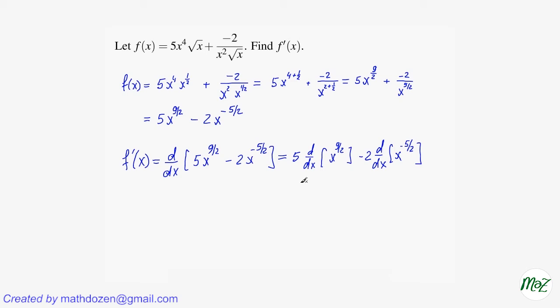So we're essentially looking at 5 times the derivative of x to the 9/2 minus 2 times the derivative of x to the negative 5/2, which by the power rule is 5 times 9/2 times x to the 9/2 minus 1, minus 2 times negative 5 halves times x to the negative 5 halves minus 1. After simplifying all the products and differences, we get 45 over 2 times x to the 7 halves power plus 5 times x to the negative 7 halves.